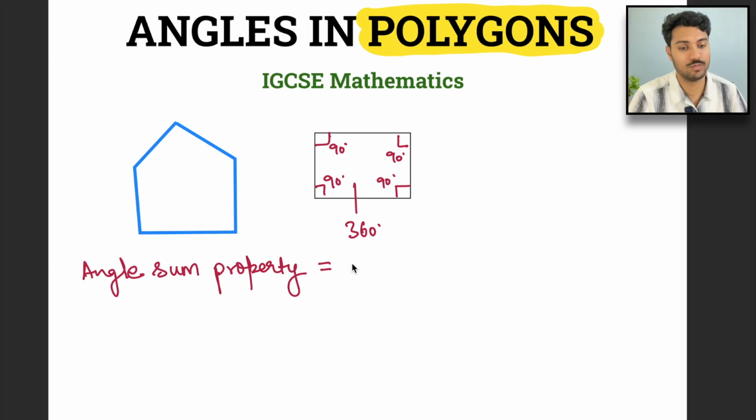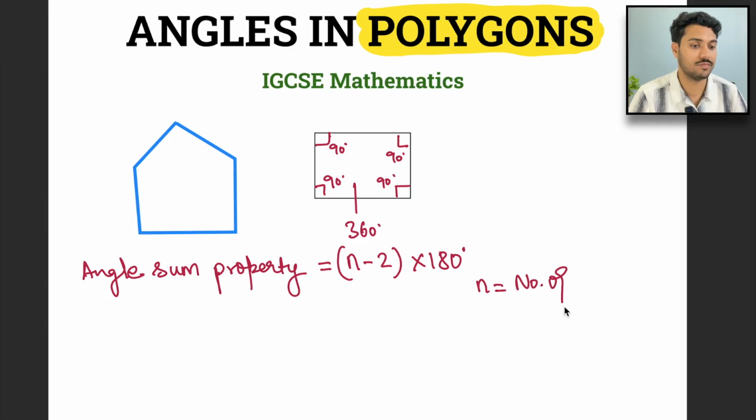It is going to be (n minus 2) multiplied by 180 degrees, where n is the number of sides.